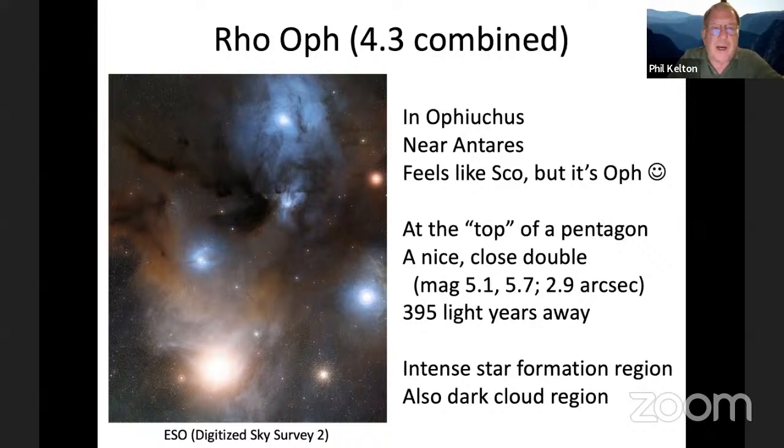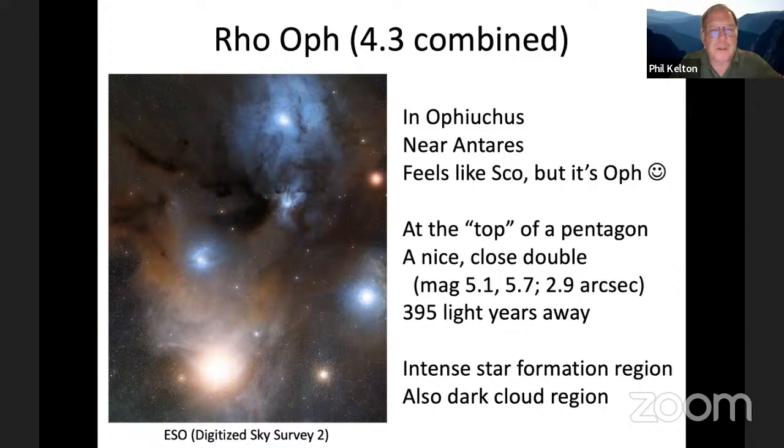This is a very commonly observed object by astroimagers who take beautiful images because it's an intense star forming region. There are also dark clouds around it. And to boot, it's a very nice close double star of 2 fifth magnitude stars 3 arcseconds apart. So if you're into double stars, this is a pretty neat one to observe.